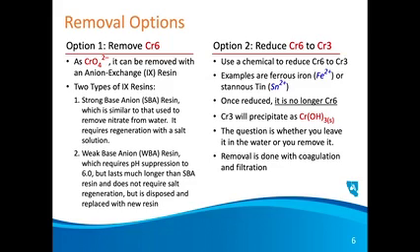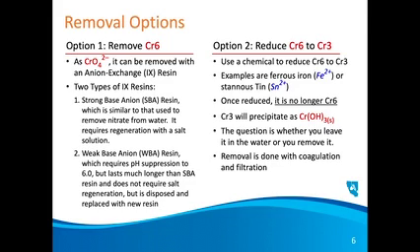But we also can use what we refer to as weak-base anion resin, and I will talk about that a little later. It is a resin that has a very high capacity for Chrome 6, but it requires that the pH of the water be reduced down to about 6 before the water goes into the ion exchange process.